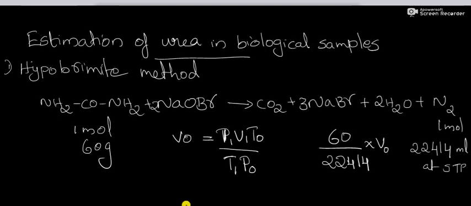That is, the mass of urea in a known volume, for example 5 ml of the sample, equals 60 divided by 22,414 into V0 gram, and this result from the above method is sufficient to reach a medical diagnosis.